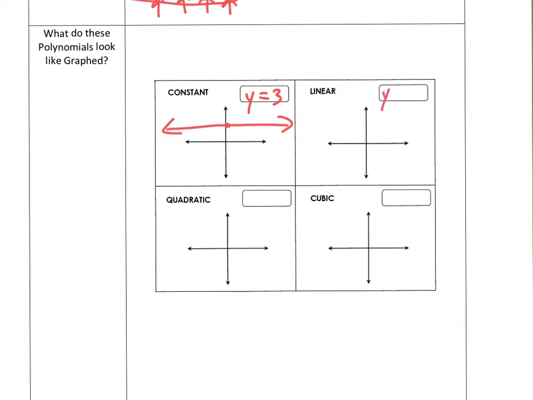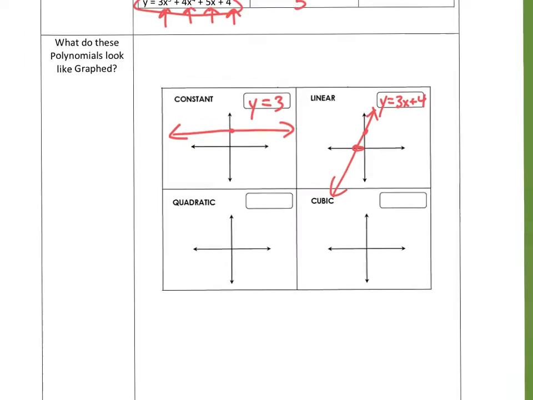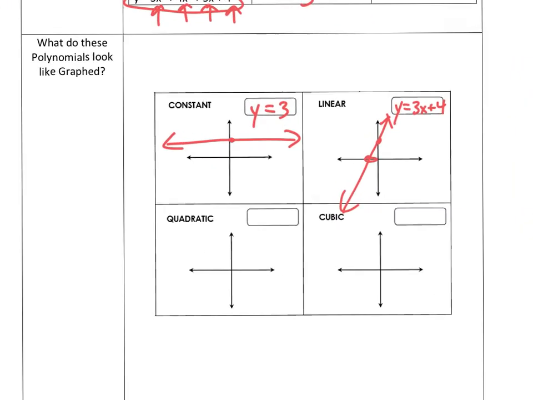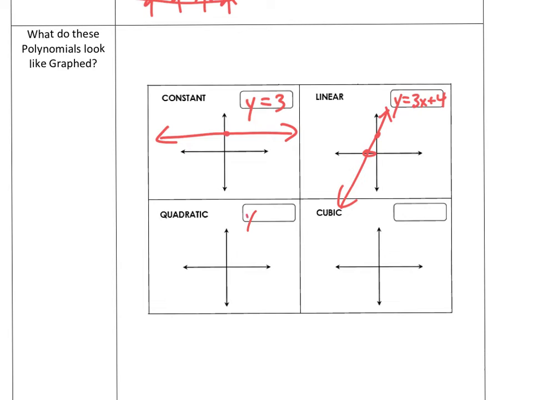Now we have a linear line, so we'll use the same one, y equals 3x plus 4. I'm just going to rough sketch that. Does that cross your x-axis? One time, right? And what was the degree? 1. I'm sensing a pattern. Let's say that I had y equals x squared minus 2.